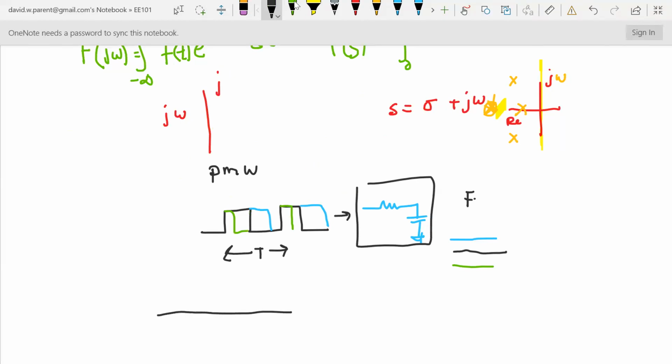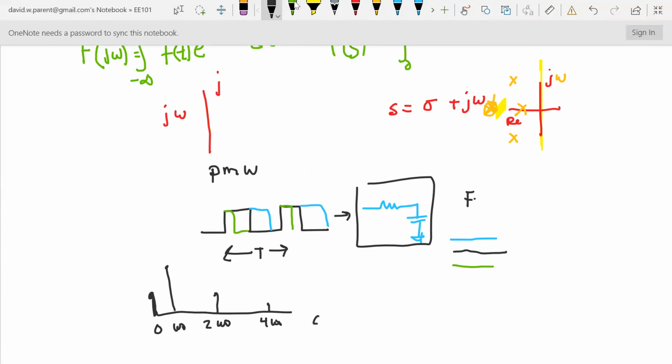But really, ultimately you get these discrete magnitudes. If you have a DC average, you have a number. Then at omega naught, you can have another magnitude. So this is a sine wave, and this is just a magnitude. This is 2 omega naught, and maybe it's like this. And this is 4 omega naught, and maybe it's like this.